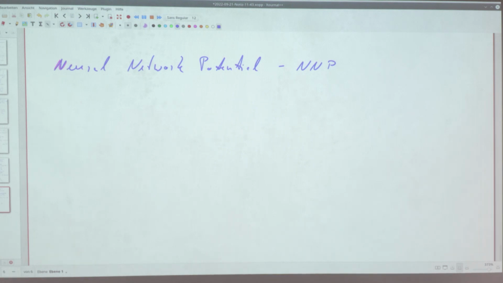So the idea is not too difficult to understand. The first step is you generate many atomic configurations. I think in this case of the aluminum copper system, for the binary system, they used like 1,000 or so. For a ternary or quaternary case, they used, I think, 5,000 or so.